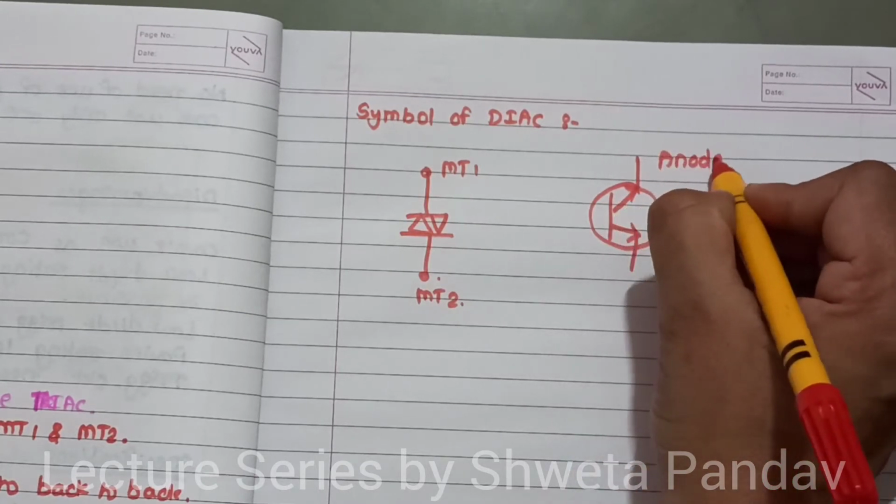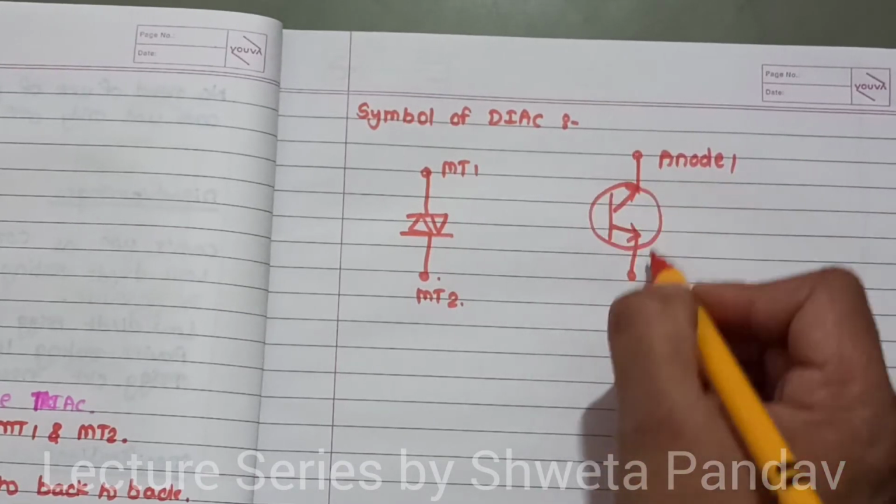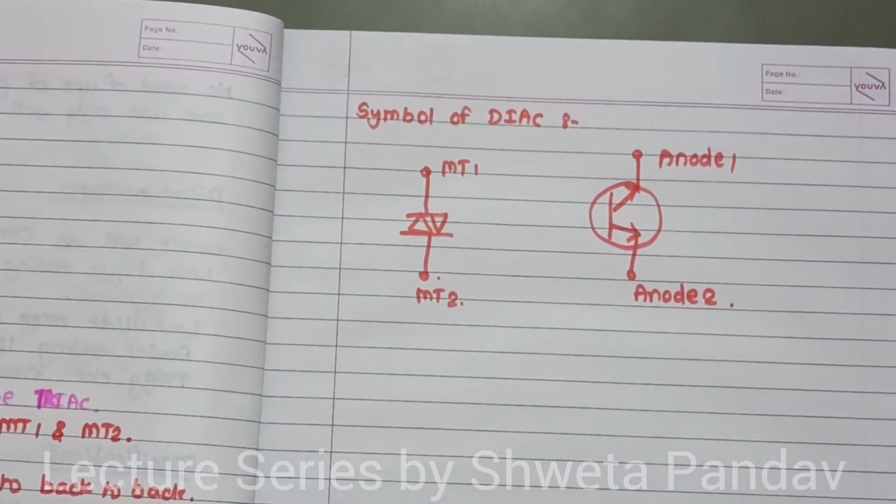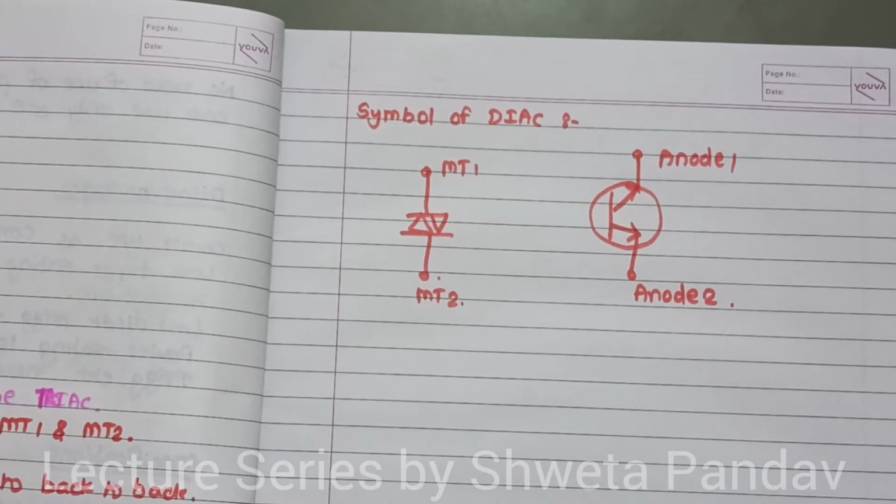This terminal is called anode 1 and this terminal is called anode 2. So this is the symbol of DIAC.